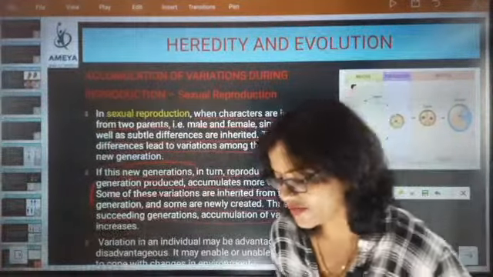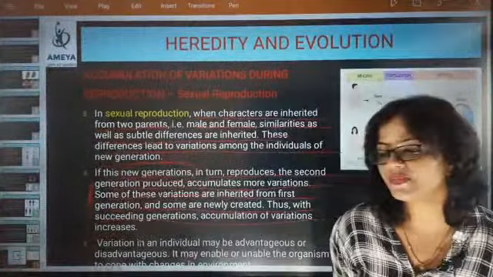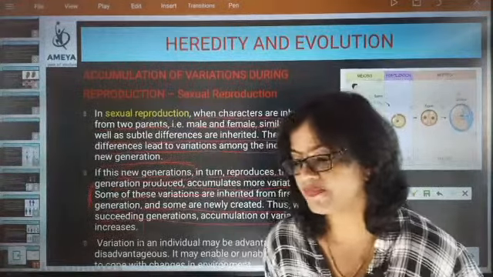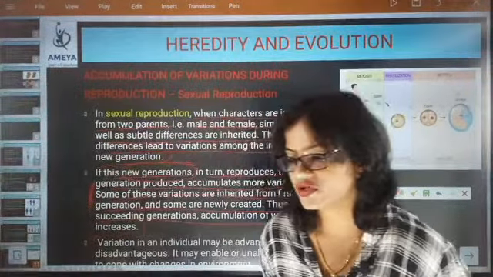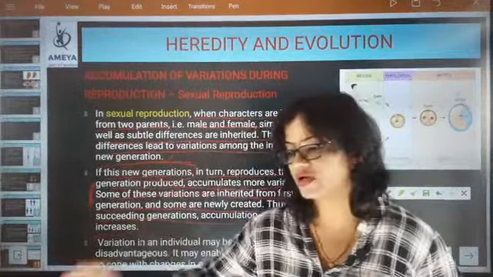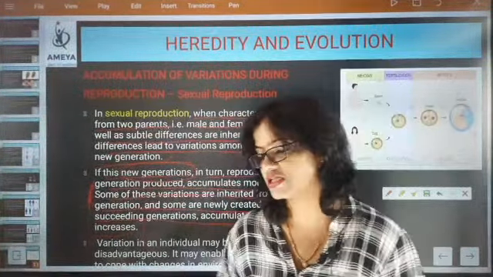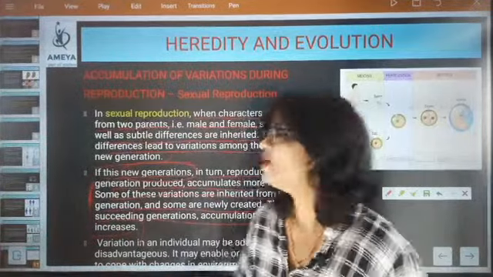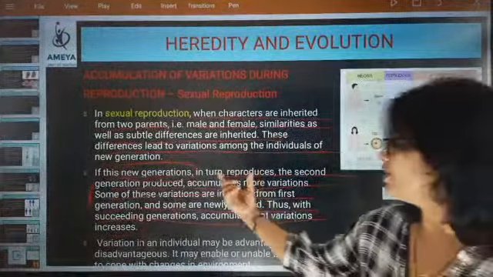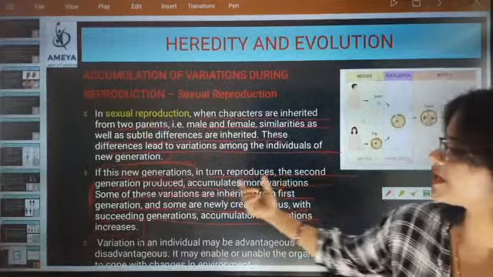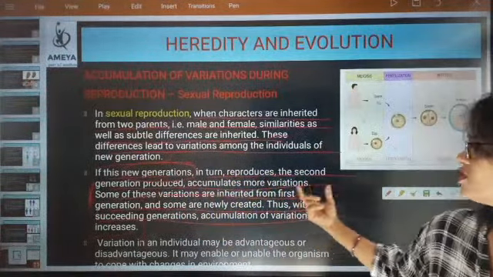I hope you have understood this point. Once it is acquired for the first time, it keeps on getting transferred. So this is what is written, that the new generation in return reproduces the second generation product, which accumulates more variation.